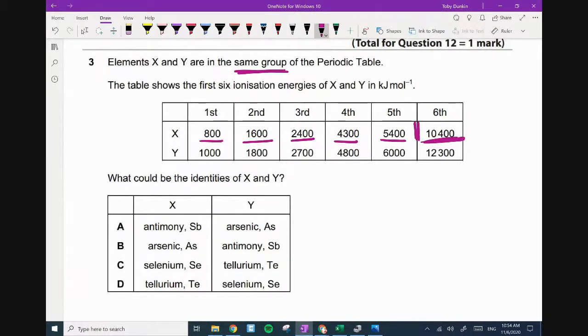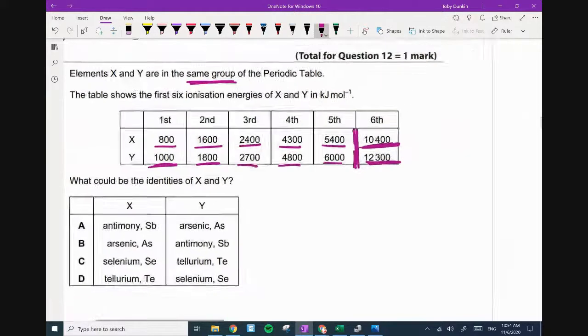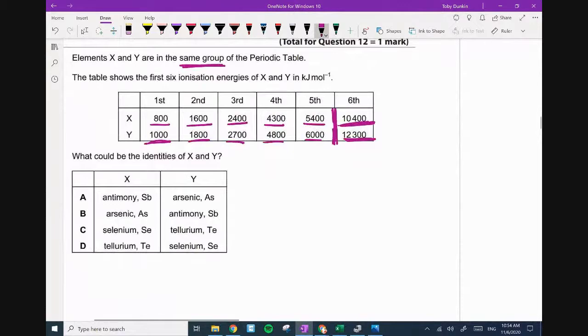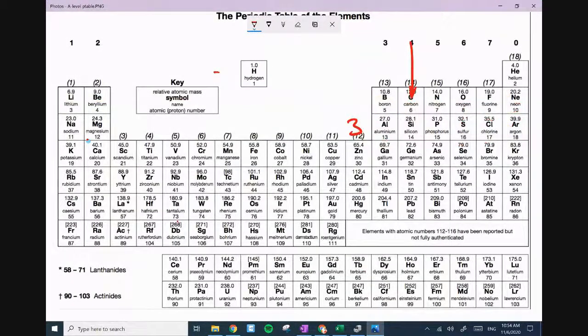Easy, bit tougher, bit tougher, bit tougher. They're both in group 5. Where is group 5? I love my table. They're both in group 5. Okay, so let's highlight group 5.